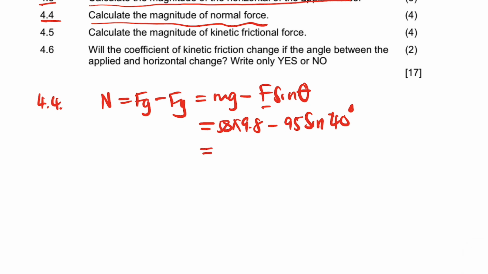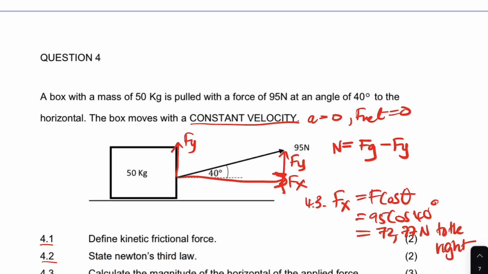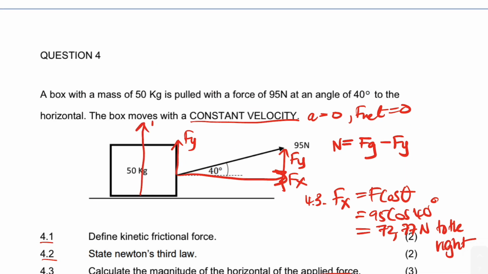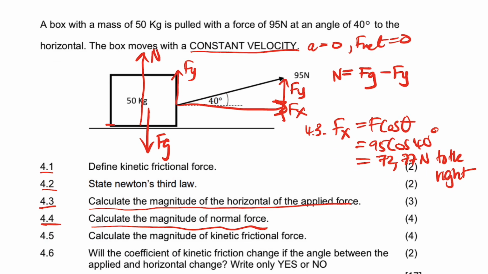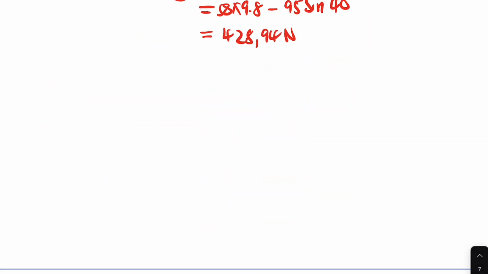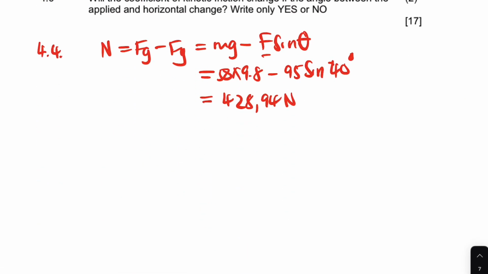If you punch that in the calculator, you'll get 428.94 newtons. And the normal force is the force that is perpendicular to the surface, so the direction will be perpendicular to the surface.